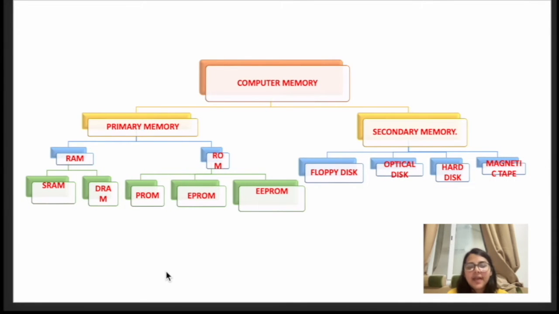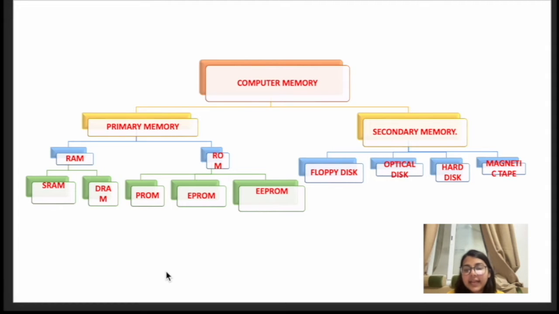So from this diagram, are you able to recall what we have done in the previous class, students? Yes, we have discussed the features of computer memory and its major types, that is primary and secondary. And we have discussed the disadvantages and advantages of primary memory, and the features of secondary memory.